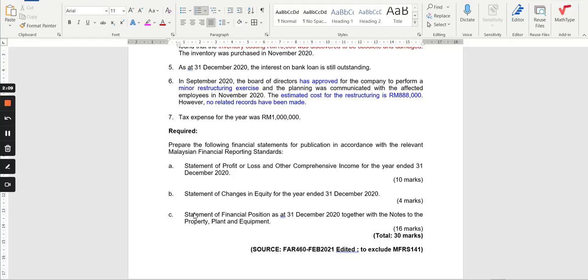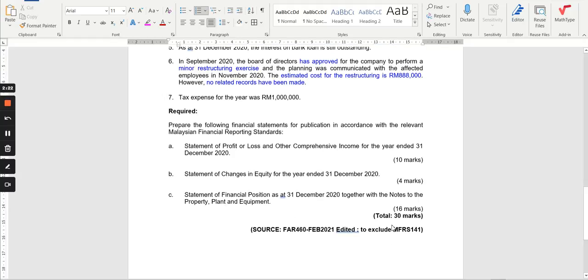So this part comes with the highest marks, which is the statement of financial position with the accompanying notes on property, plant and equipment, and the total is 30 marks, which is the same marks allocated for FAR270. As I have mentioned, this is taken from FAR460, but I've excluded MFRS 141, which is on agriculture, to suit the requirement of FAR270.